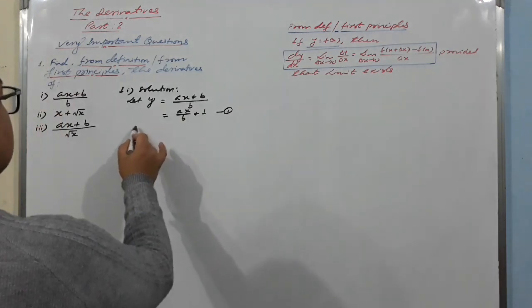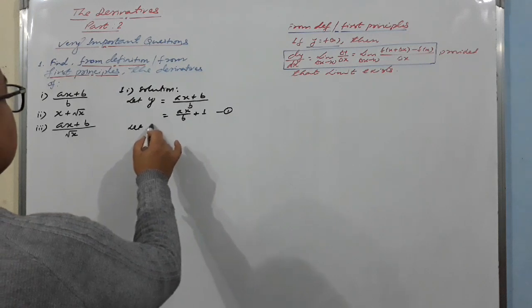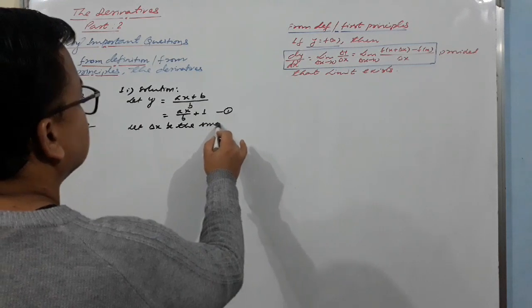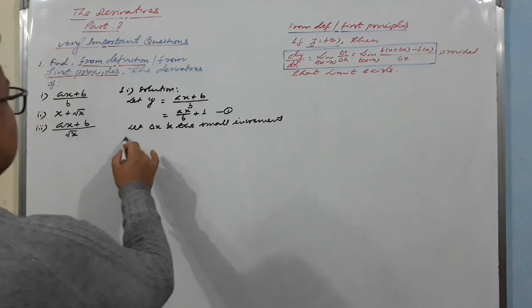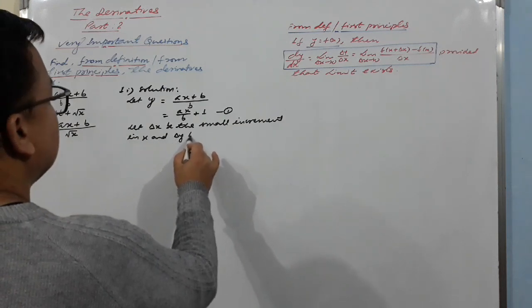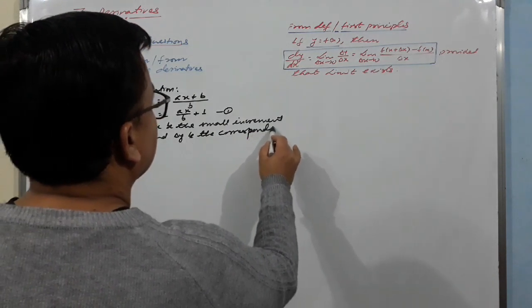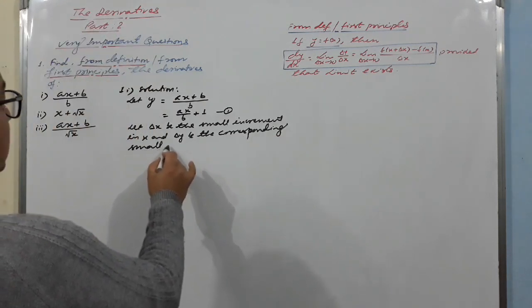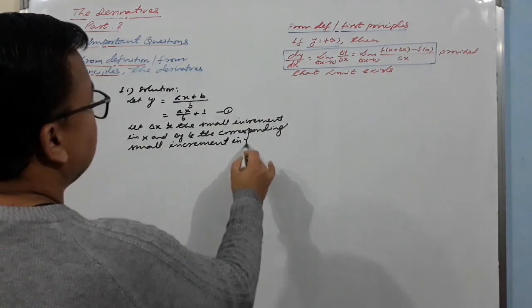Let delta x be the small increment in x, and delta y be the corresponding small increment in y.